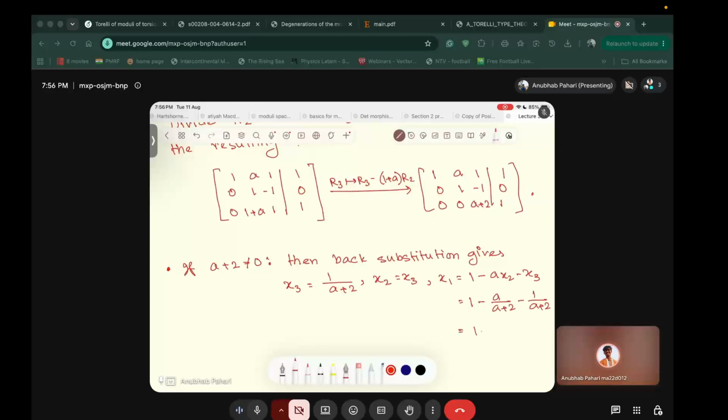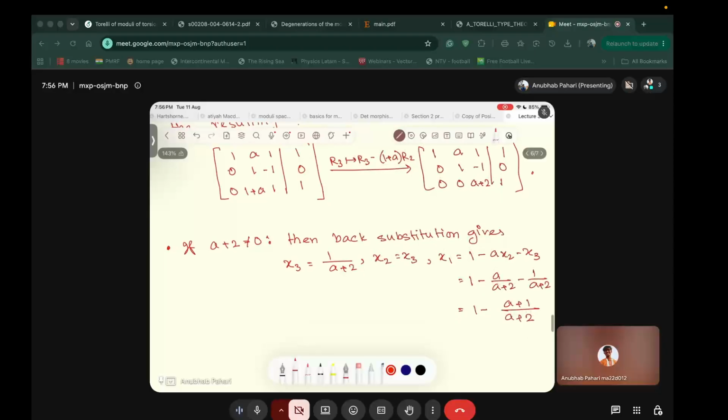So it will be 1 minus a plus 1 by a plus 2, which I think will be 1 by a plus 2.